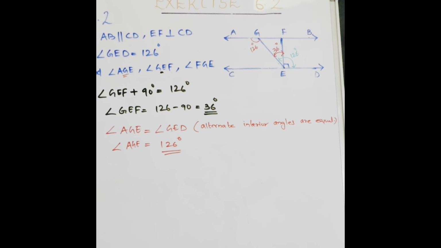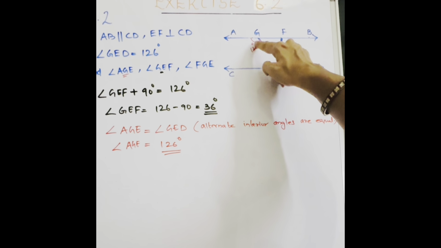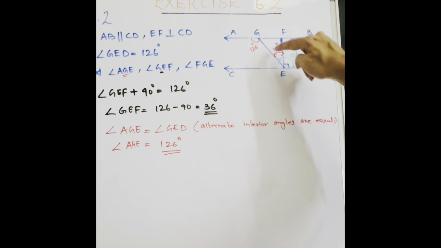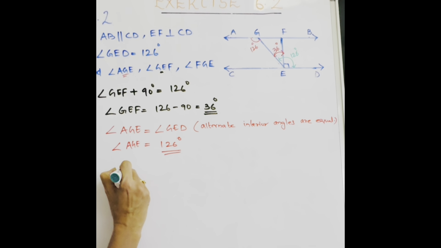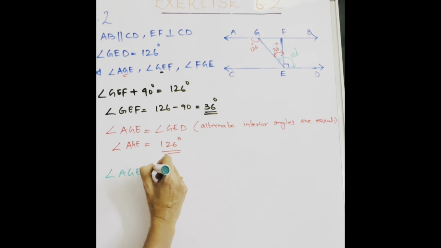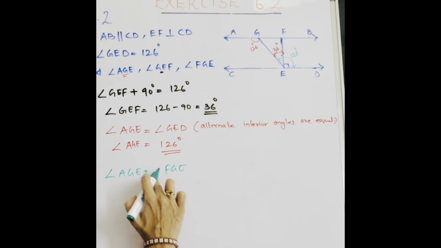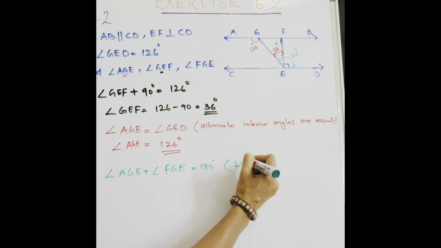Now look at the figure again. You can see that this angle and this angle form a linear pair, because these two angles form a straight angle. So the sum of angle AGE and FGE will be 180 degrees. We can write angle AGE plus angle FGE is 180 degrees, because those are a linear pair.